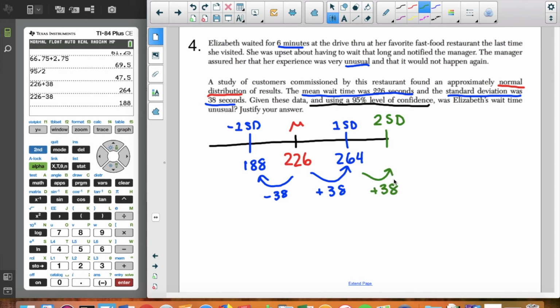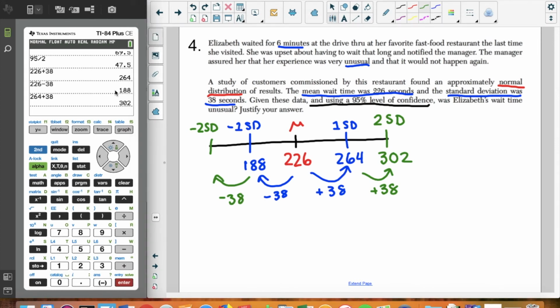Add another 38. So 264 plus 38 is 302. And in the negative direction, we have to again subtract 38. So 188 minus 38, and that's 150.